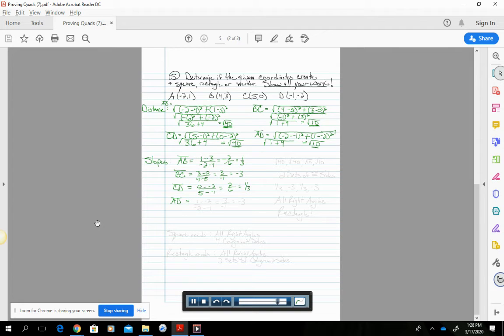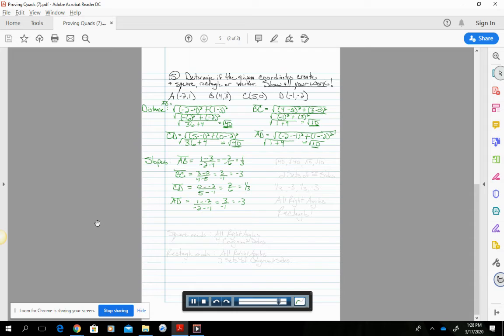You're using the same outside perimeter sides. Don't do the diagonal ones in the middle. So A to D, I'm going to go 1 minus a negative 2 over a negative 2 minus a negative 1. So you still get 3 over a negative 1, which is a negative 3.